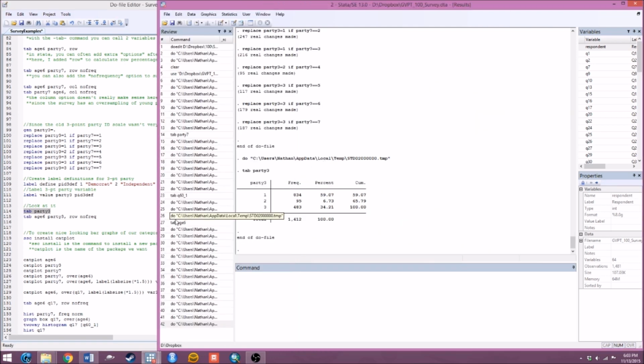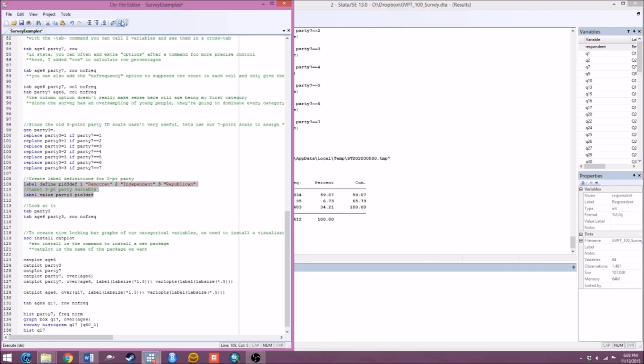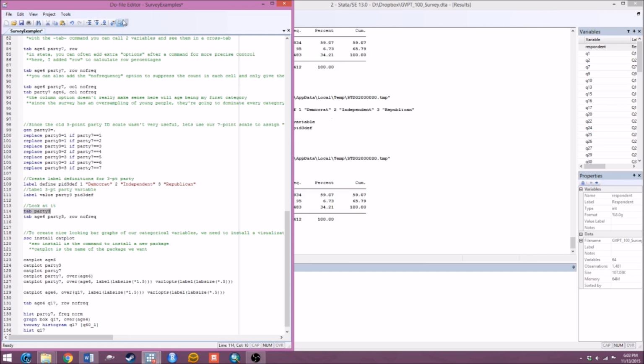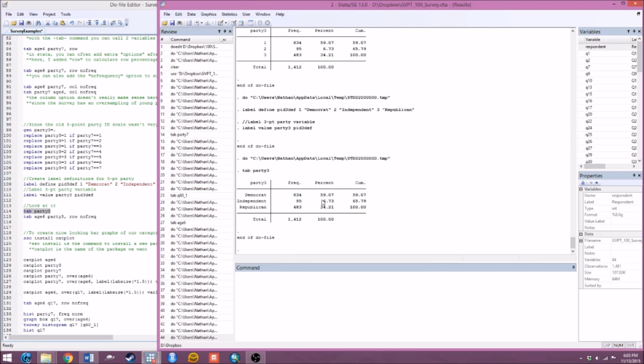So I think I did this. Okay, I did not label it though. Okay, good. So we still have 6% say they are independent, which is what we saw earlier.